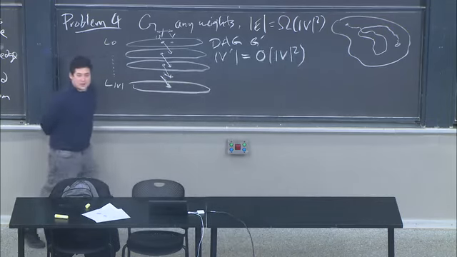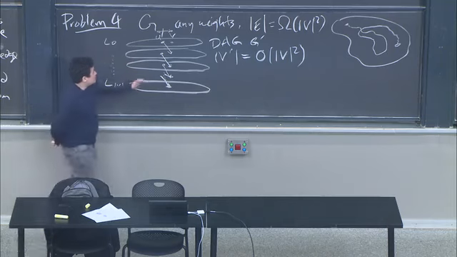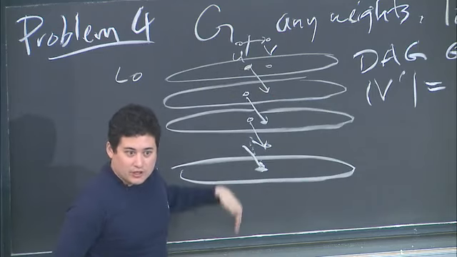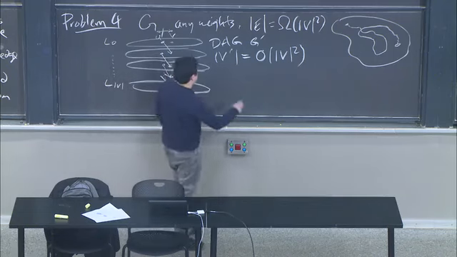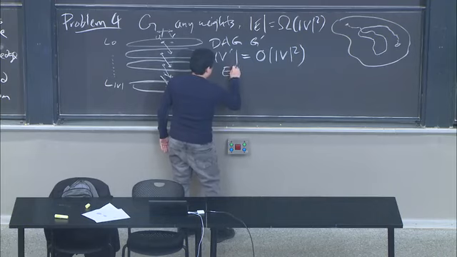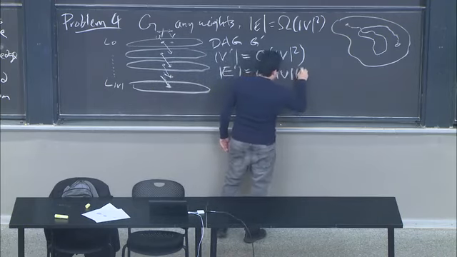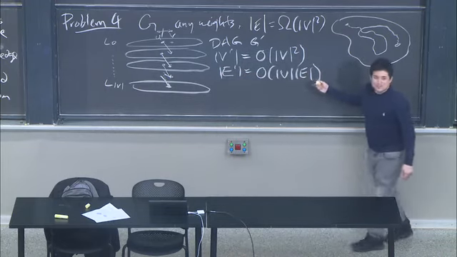And how many edges are in my graph? V times e, right? I copied every edge, made it directed down between each level. There are v transitions between levels, and I copy each edge for each of those. So the number of edges is order v times e. Okay, so this graph is blown up.